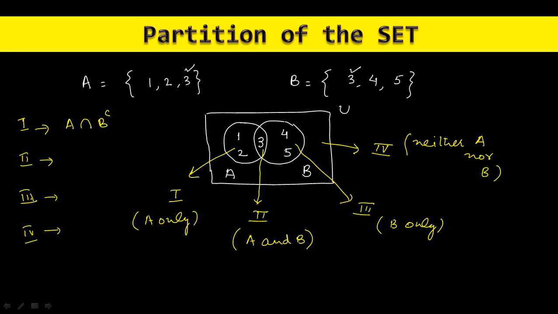Now, what is the meaning of A intersection B complement? Also, you can write A minus B, means only the elements of A are there and I am deleting the element of B from A with the element which is common to B. Now, what about second? Second is A intersection B.